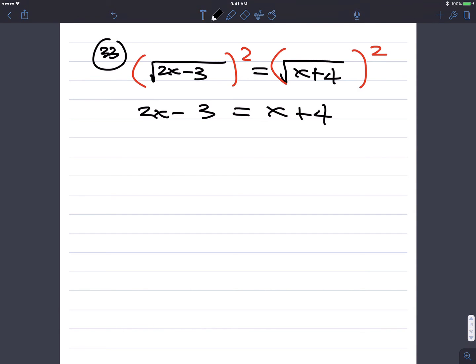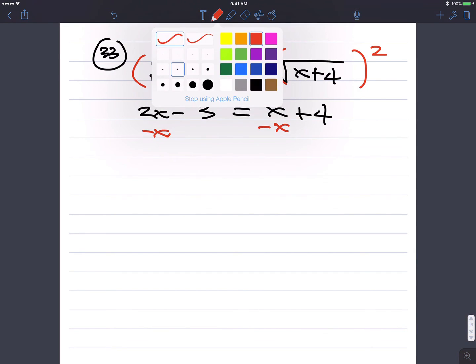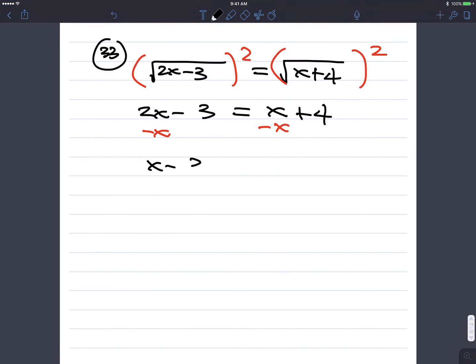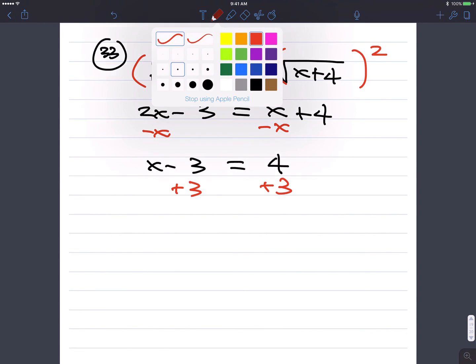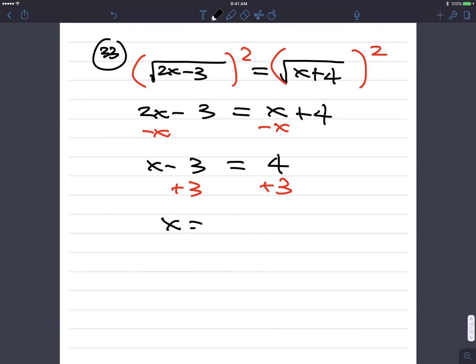By squaring both sides here, since we only have a single radical on the left and a single radical on the right, squaring both sides simply gets rid of both radicals. They're both gone. So now this becomes a nice simple equation, a linear equation to solve. We got x on opposite sides. This now gives us x minus 3 equal to 4. We can add 3 to both sides. X is 7. Here's our solution.